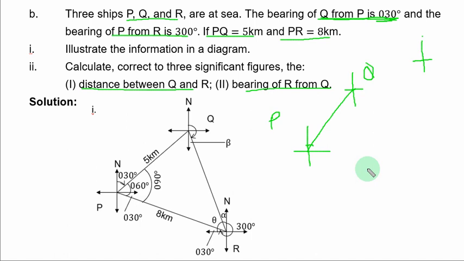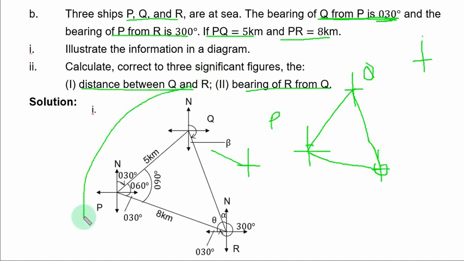You have to draw R such that you can join it to P. For instance, if you draw R somewhere here, 300 is here, that means you cannot link P and R together. So R has to be somewhere here. The bearing is 300, you have it in the fourth quadrant so that you can link both together. And at the end, you join Q and R together. This is what you have in the diagram.